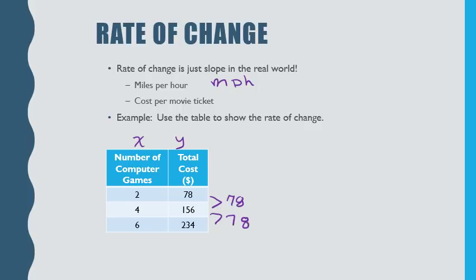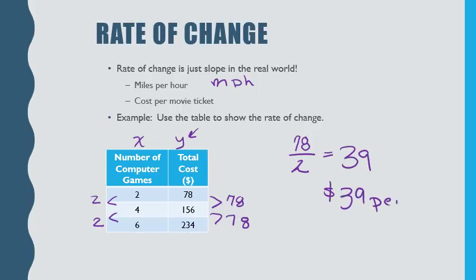And it's positive, we're increasing, and here we're increasing by 2. So my change in y would be 78. My change in x would be 2. So my rate of change, if I divide 78 by 2, is going to be 39. So it's in the real world, so we say $39 per ticket. And that's all rate of change is.